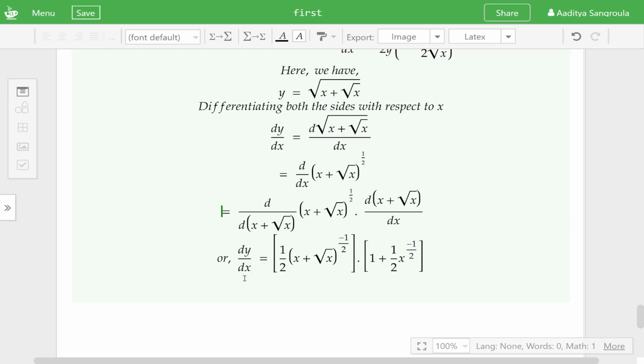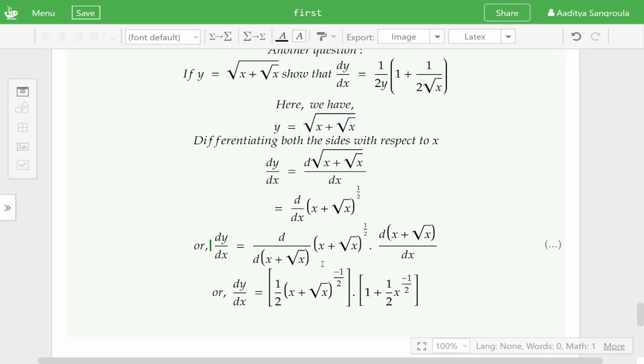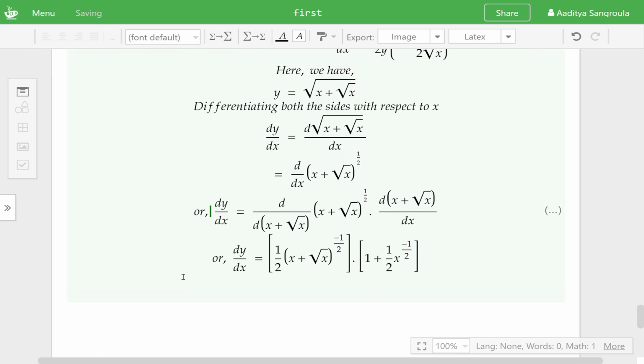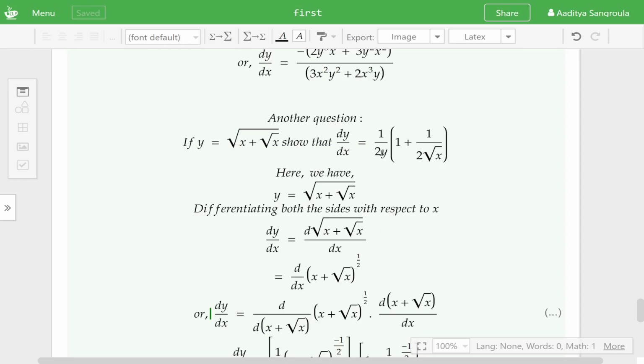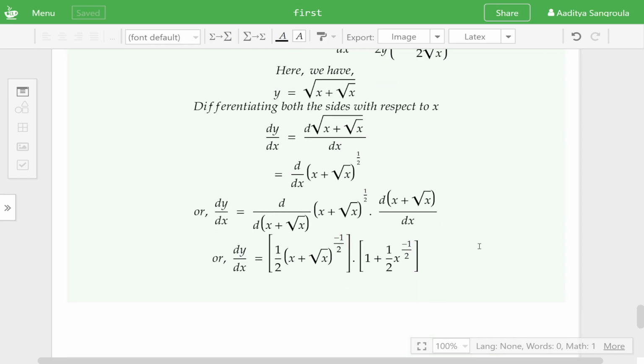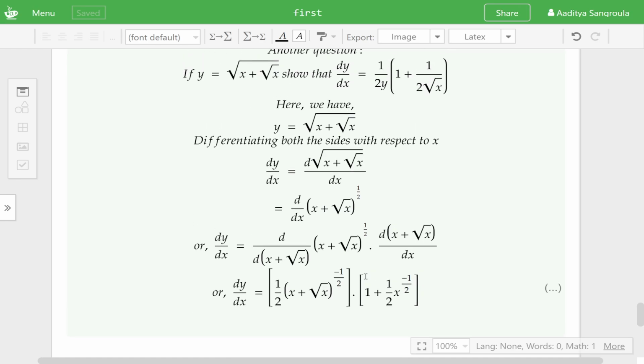Same here, where we have the dy over dx thing. And now we need to show the right hand side in terms of y. So we need to think of a way with which we can do that.